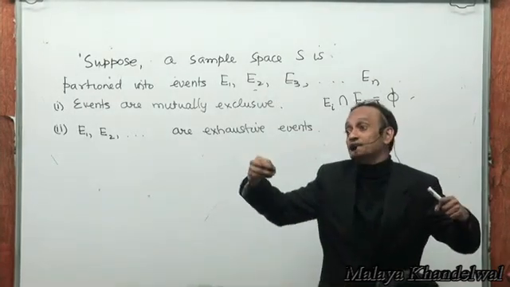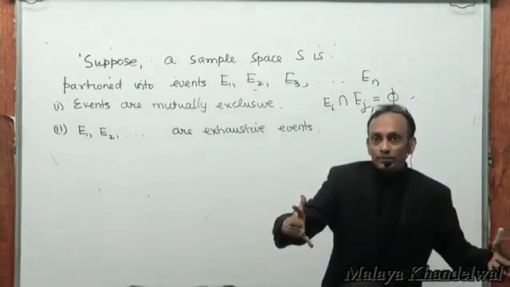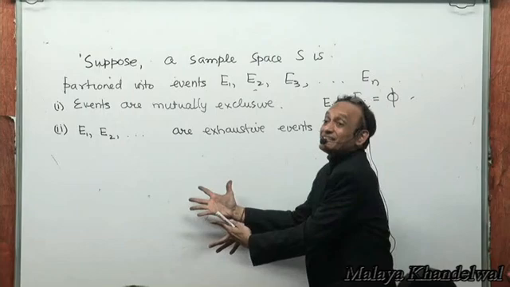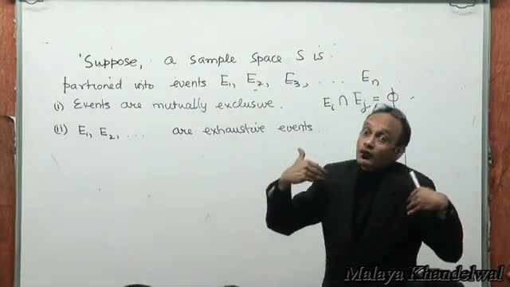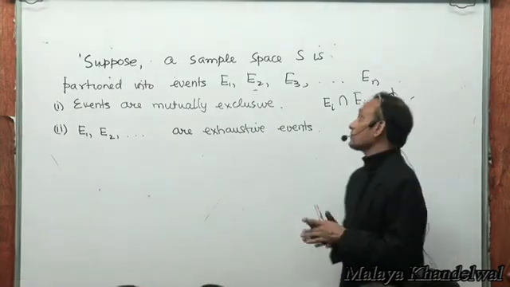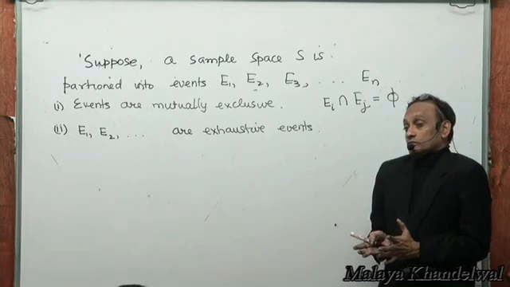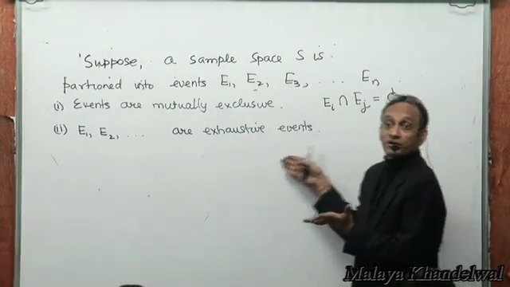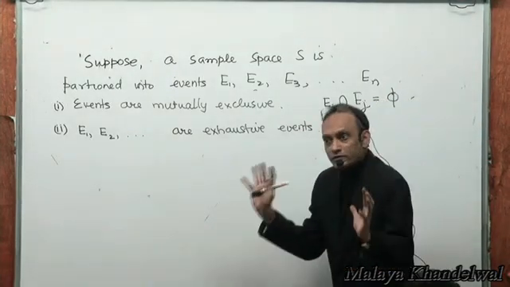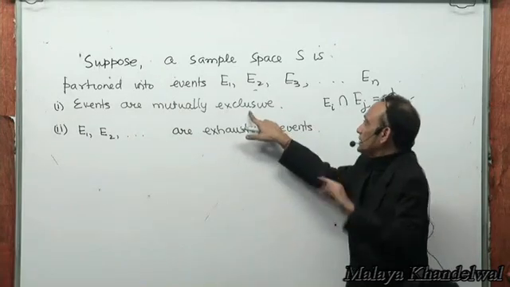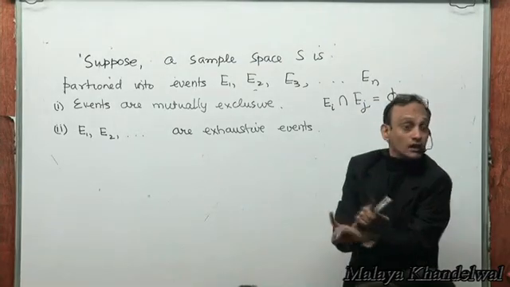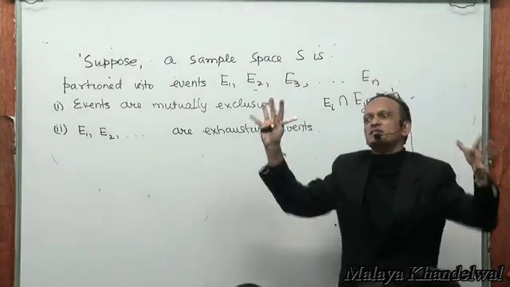So no two of those events, picking a bag of type A, E1, picking a bag of type B, E2, picking a bag of type C, E3, can occur together. And obviously they are exhaustive events. So these are events that are mutually exclusive and exhaustive, and they constitute the sample space. They partition the sample space.